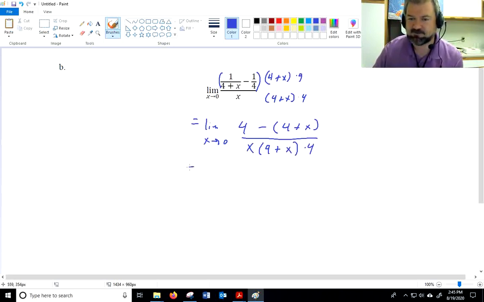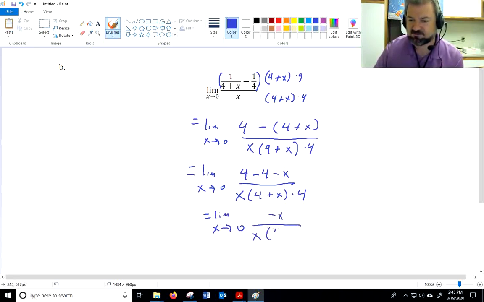All right, so then this becomes the limit as x approaches 0 of 4 minus x over x times 4 plus x times 4, which becomes the limit as x approaches 0 of a negative x over x times 4 plus x times 4.